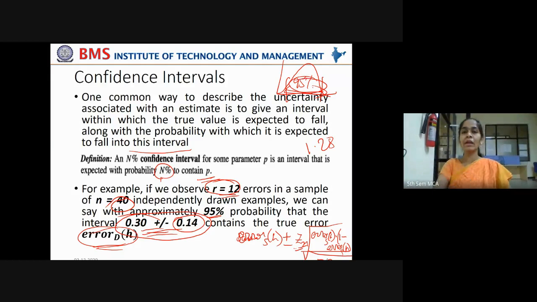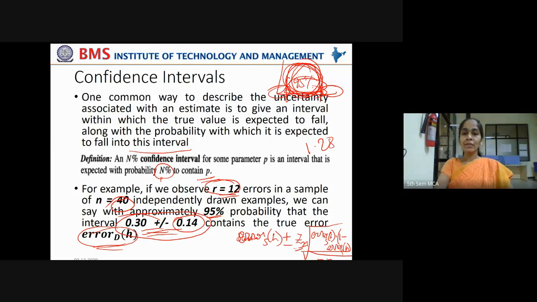It falls 95% of the time within that interval, and 5% of the time it may fall outside this interval. Means the error may be too low or the true error may be too high. But most of the time it will follow this normal distribution. 95% of the time it will follow the normal distribution. It will fall within this range.